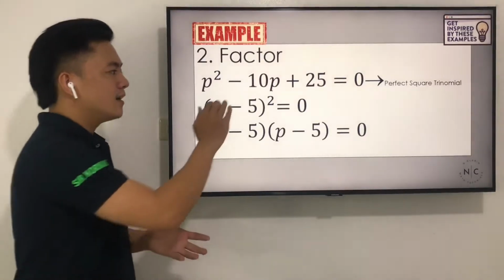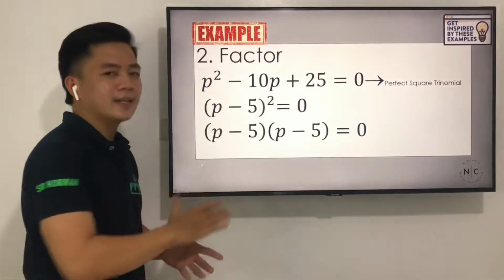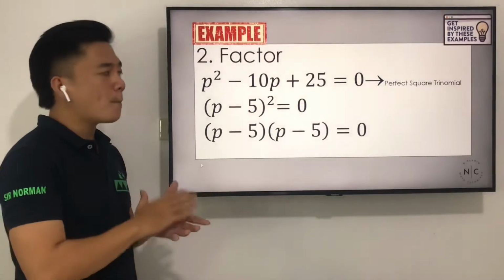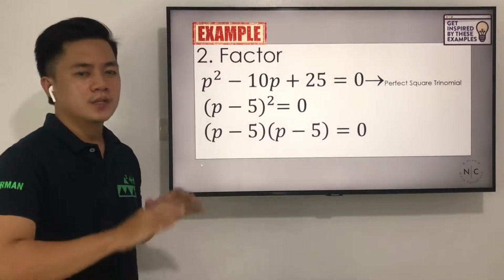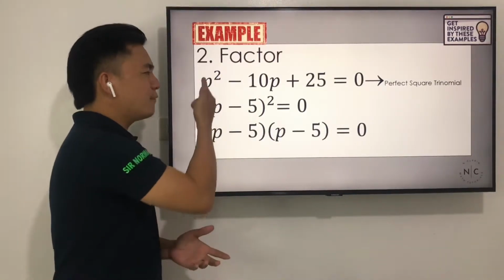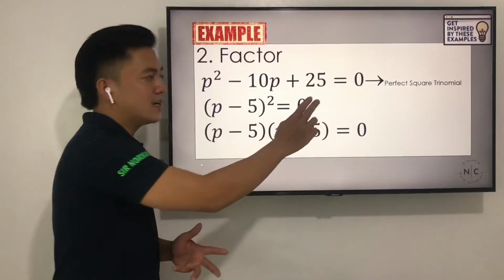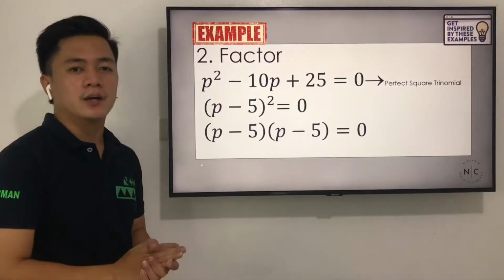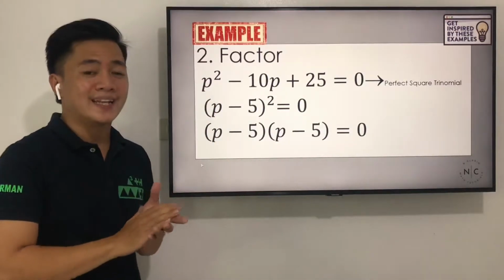Next, yung sa ating middle term, which is 10. Paano natin malalaman kung perfect square trinomial ba? At bakit 10 yung nasa gitna? So ganito yan. So yung ating first term is 1. Kung i-square root natin, is 25 is 5. Tama ba tayo? So kung i-multiply natin yung 5 and 1 is, ang makukuha natin is 5.